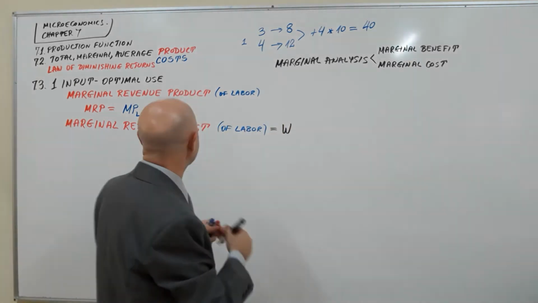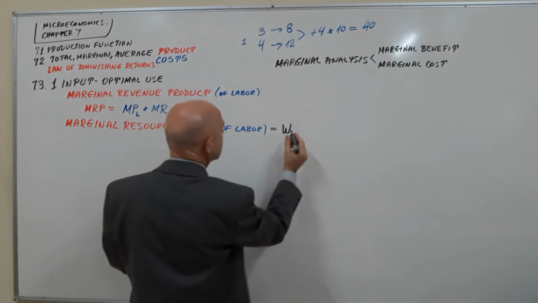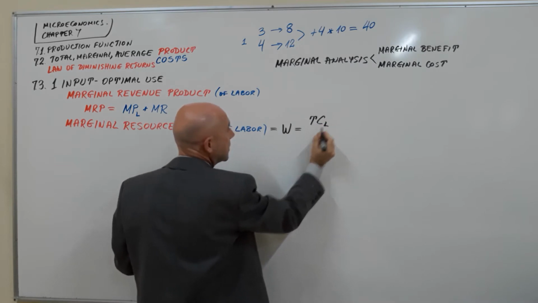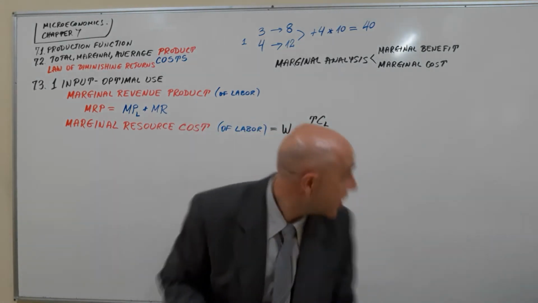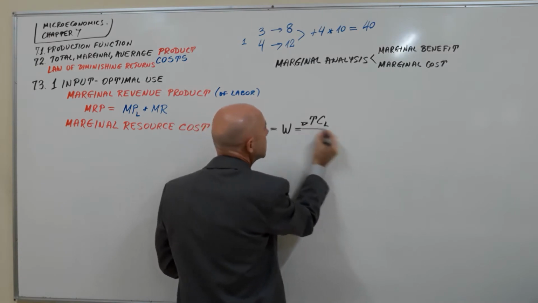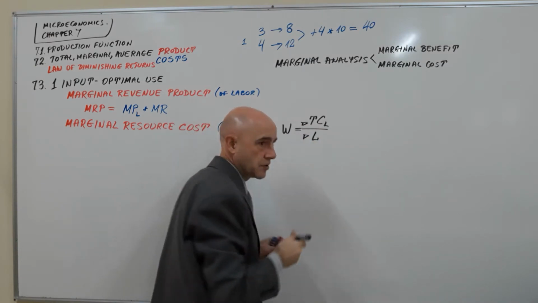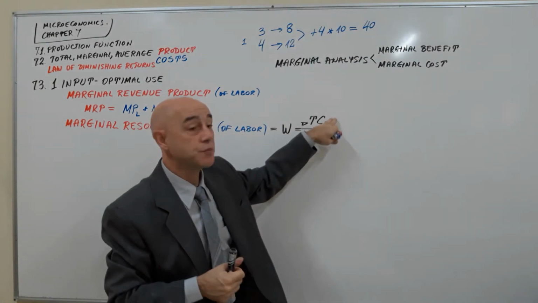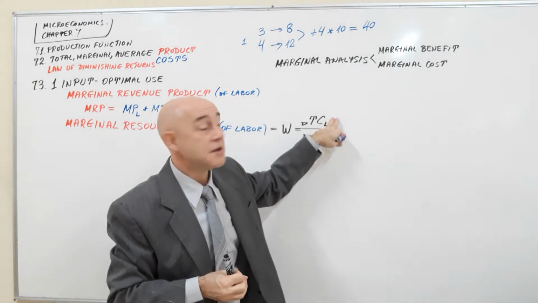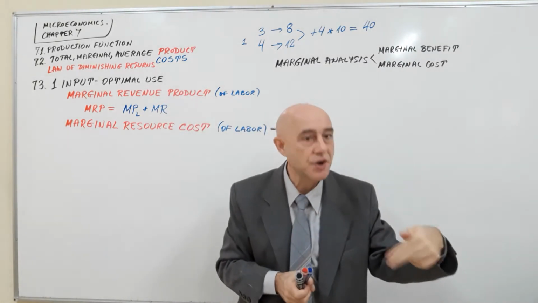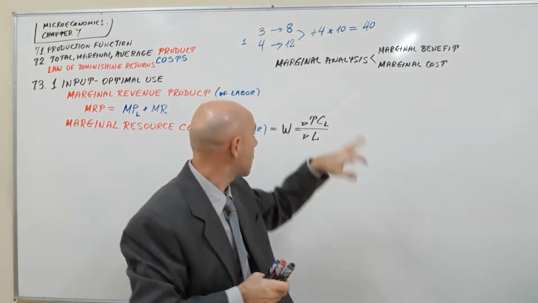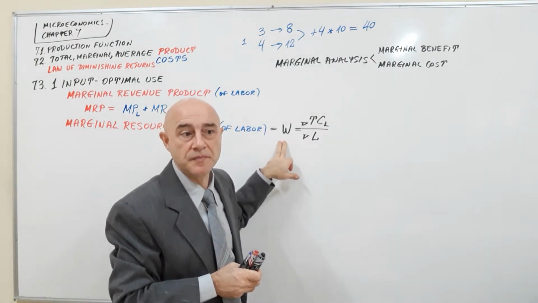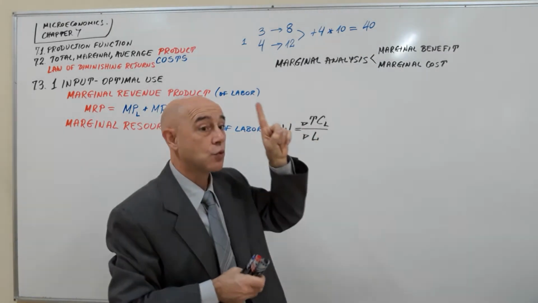Now, technically, it is the change in total cost of labor divided by the change in labor. In other words, if you increase labor by 1 unit, what is going to be the change in total cost? But it just happens that labor you can hire at pretty much a fixed cost, simply the wage of one worker. So the total cost increases by the wage for one worker.